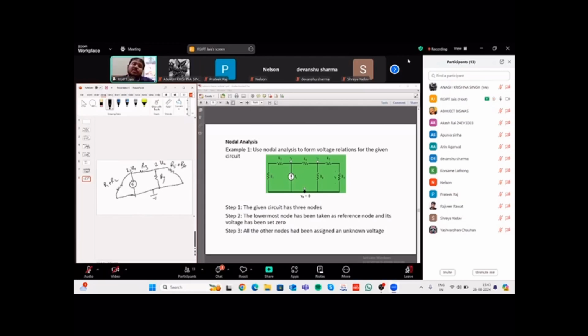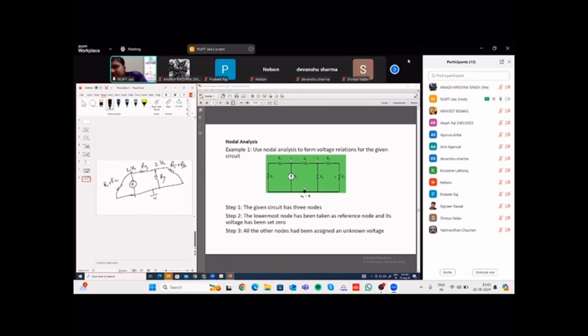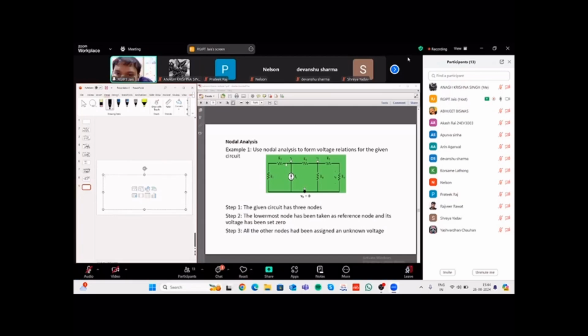Now you have to do the next thing: write the KCL equation in each and every node that you have identified with an unknown voltage. Let us first start with the first node.